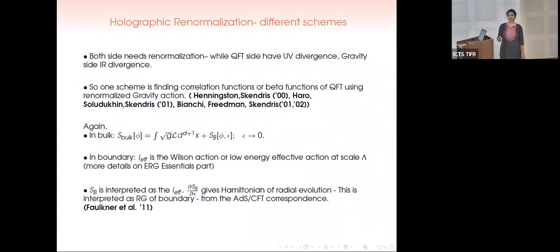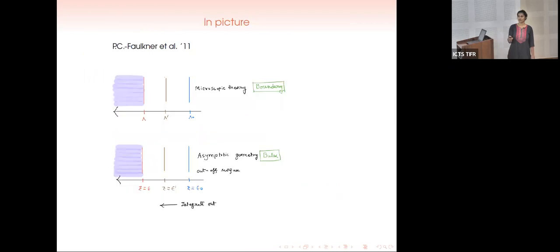If one does that, then how S_B changes with epsilon, they have shown, is given by the Hamiltonian of radial evolution, and they interpret this as the RG of the boundary. This comes from UV-IR duality. I have taken this picture from Faulkner et al. itself. Suppose we have the boundary and bulk picture.